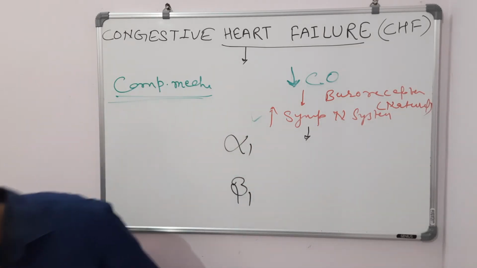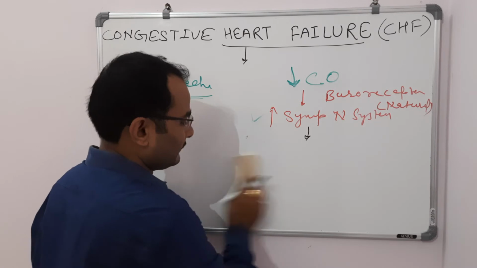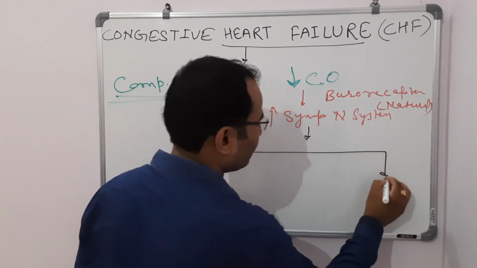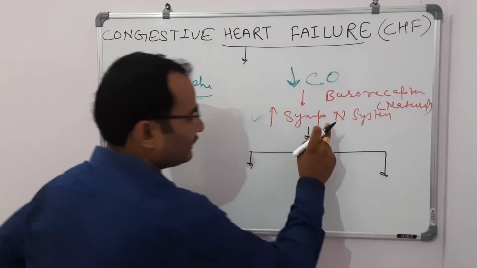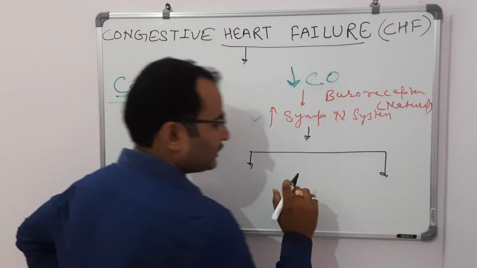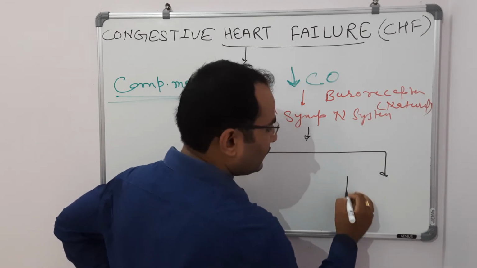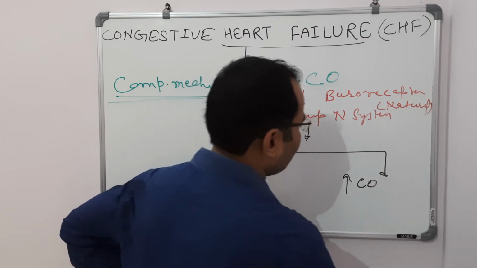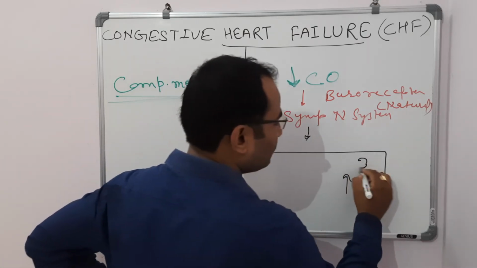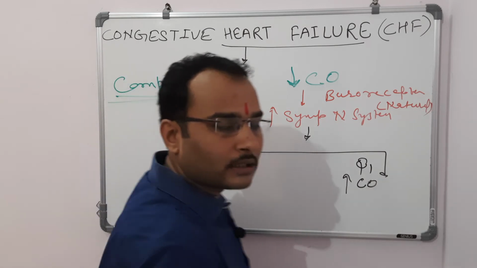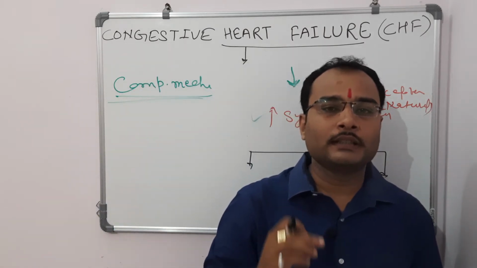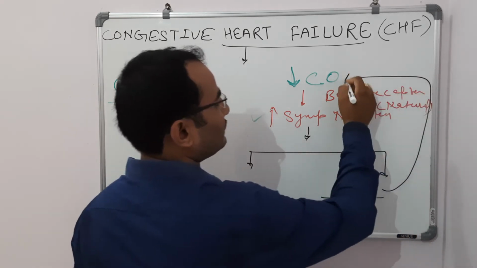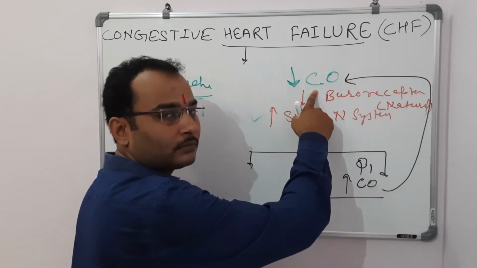Let me recap to make it very easy again. Look, this increased sympathetic nervous system is responsible for increased cardiac output by activating the beta 1 receptor. Because the heart rate increases, there will be an increase in cardiac output, and that is helpful in CHF, because in CHF naturally the cardiac output has decreased.